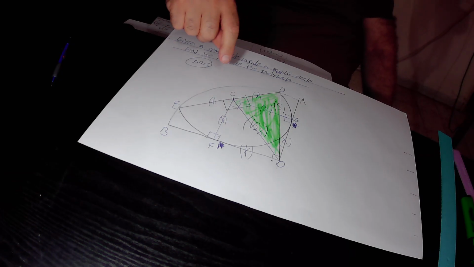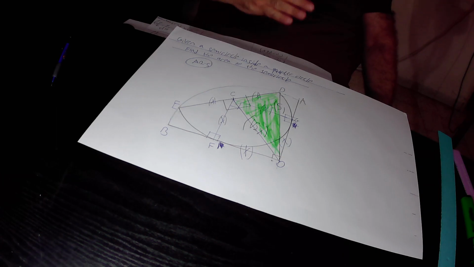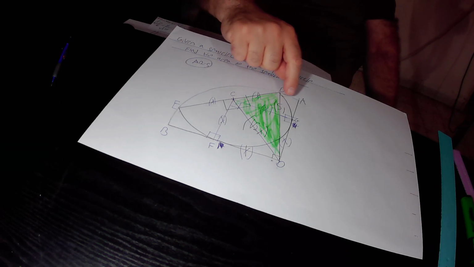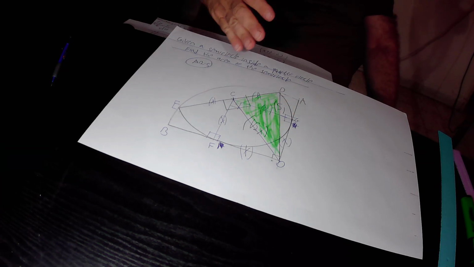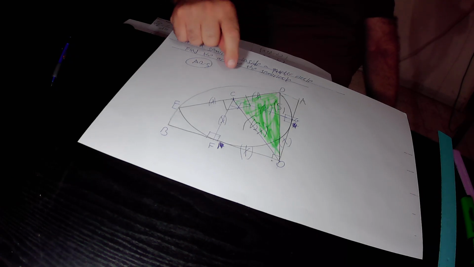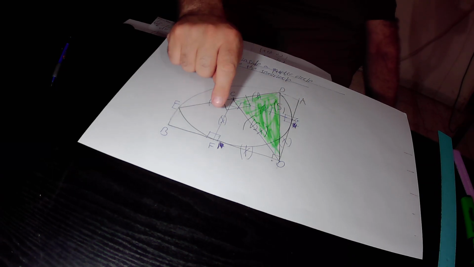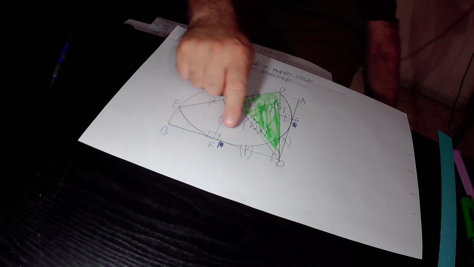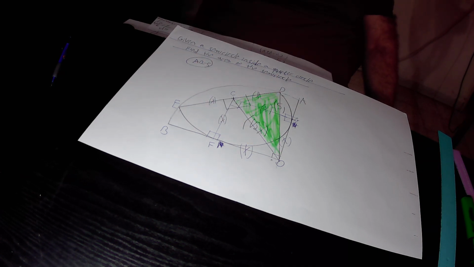So inside quadrilateral CGOF, we have 4 right angles. And according to rule 5, any quadrilateral that has 4 right angles must be a rectangle, if not a square. So we will relate to this quadrilateral CGOF as a rectangle because it has 4 right angles. But we also know that the opposite sides of a rectangle are equal to each other. So in rectangle CGOF, side CG must be equal to the opposite side FO. But CG is x, therefore FO must also be equal to x.